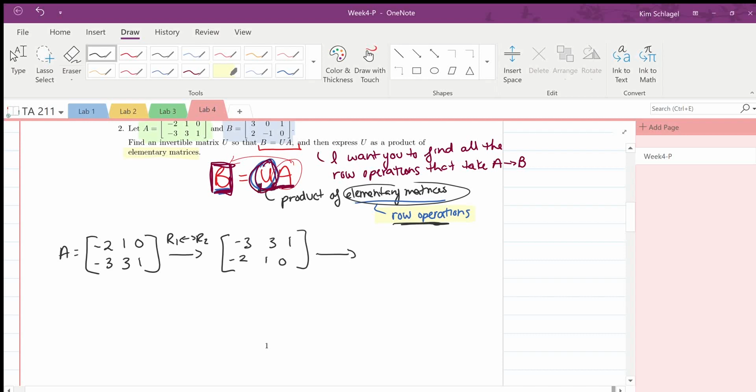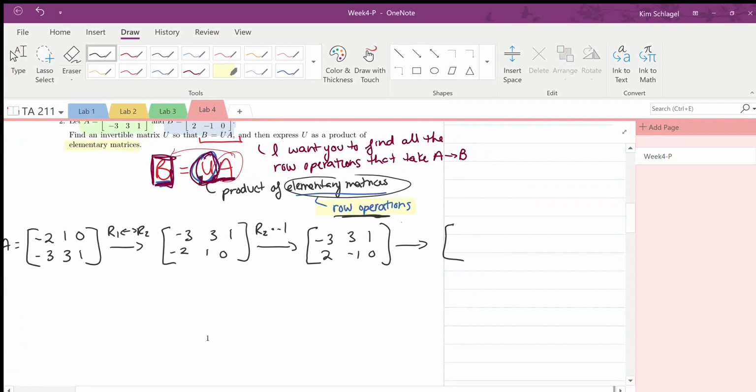Next step, I'm going to multiply the second row by -1, so I can get rid of that negative here. It ends up looking like this. Next step, I'll write it over here, because it's going to be too messy otherwise.